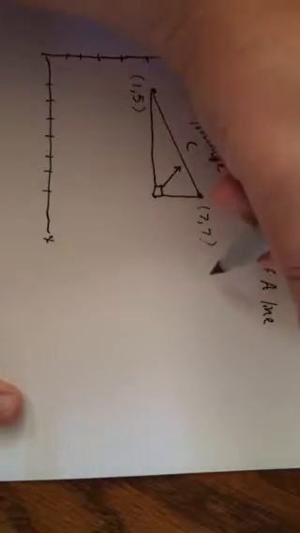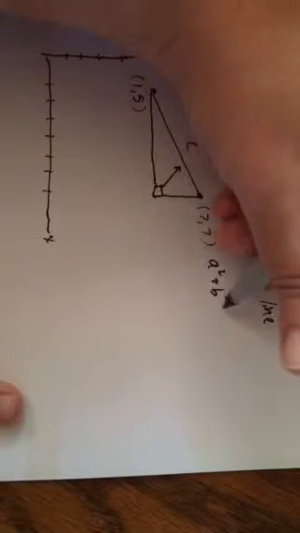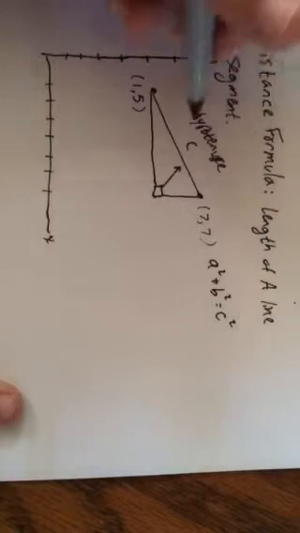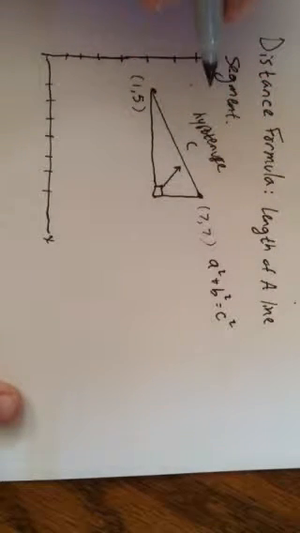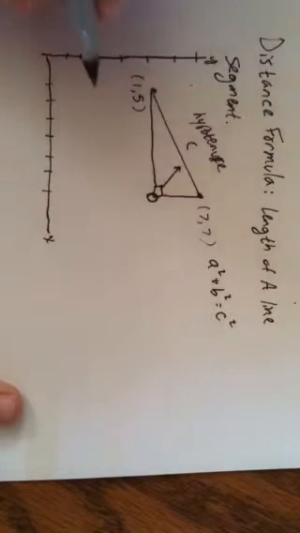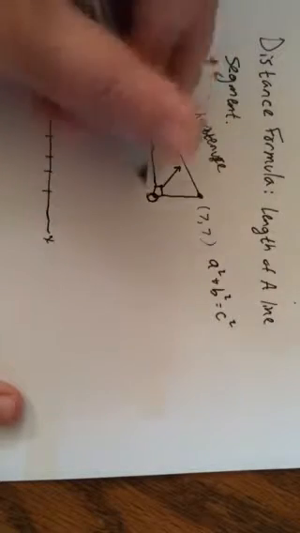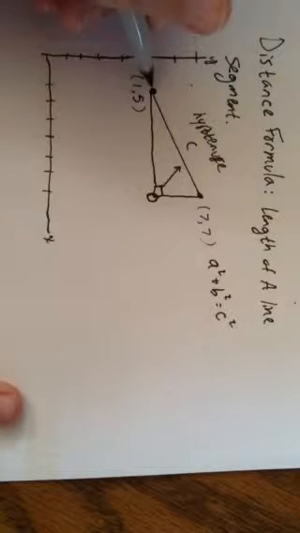So if you all remember the Pythagorean theorem, it's a squared plus b squared equals c squared. So if I have this being c, then maybe I could find out what my a and my b are and actually solve for that. Well, I'm going to try to find out what this point is, this right angle point that I drew in. If I look at this, this is on the same level as this point on my y's.